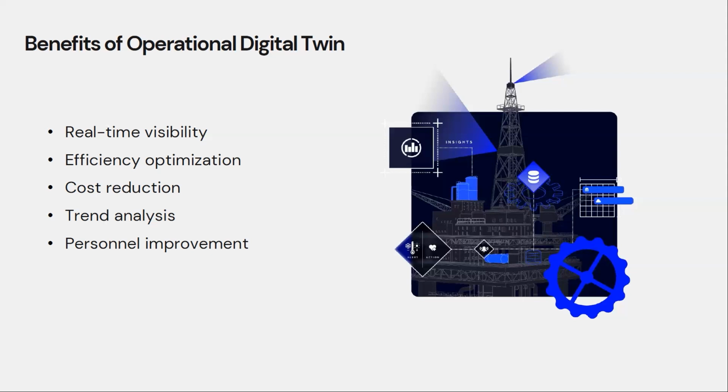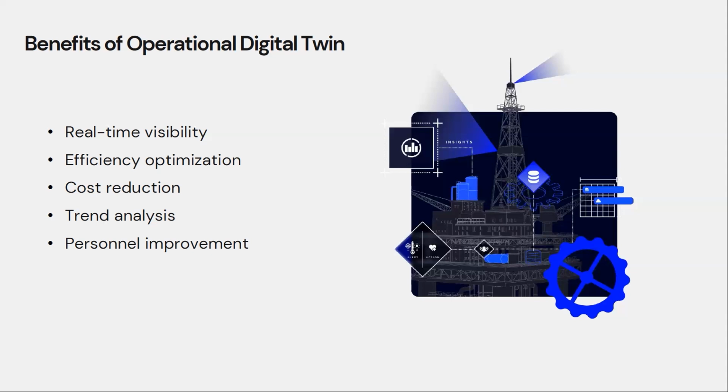You can achieve cost reduction. If you monitor the lifetime of each component in your system and understand when they need to be replaced, typically you can replace them later than if you were replacing them without an understanding of the lifetime of your components.